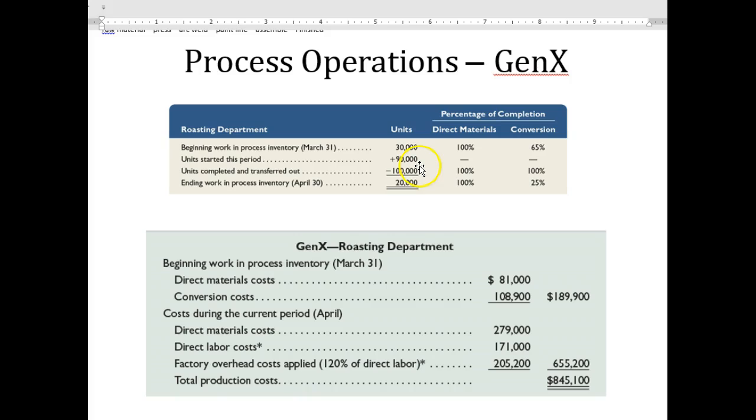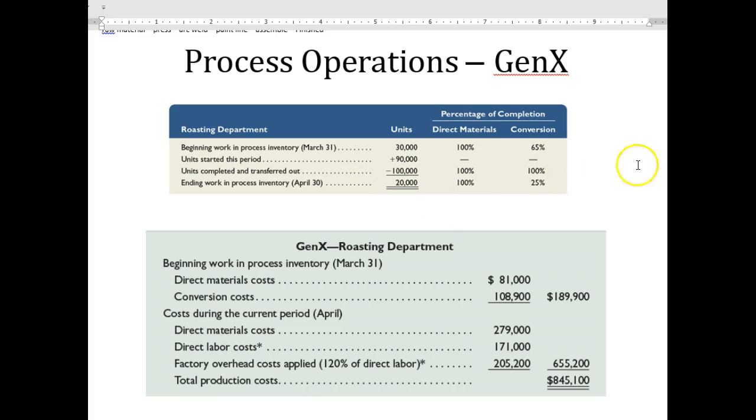Well, by implication, if they completed 100,000, and the 100,000 had 100% direct materials and 100% conversion in it, they had left 20,000 that had all of the materials in it, but only 25% of the process was done on them.